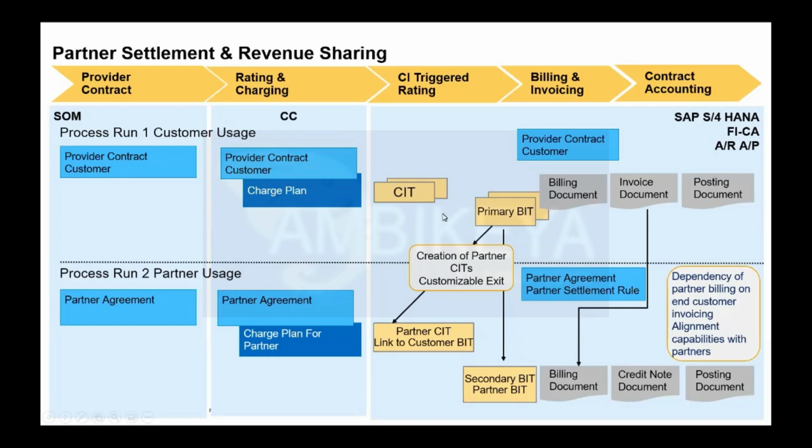We are doing the whole process just twice, but we are then able to keep in FICA the dependence of the partner billing on the end customer alignment, in order to control if we want to get the money from the partner back if the customer has not paid. This is a very strong functionality that we can use because we have everything in one system.